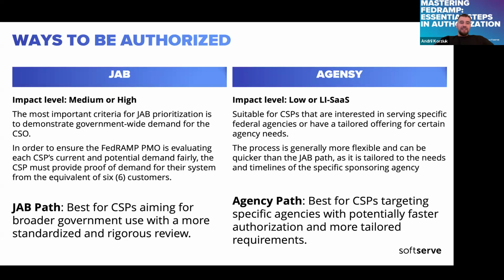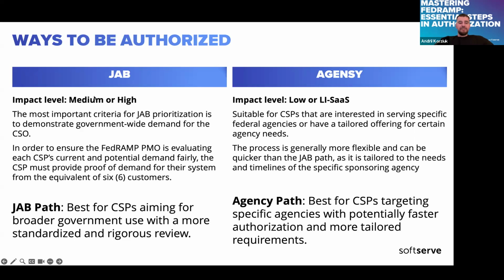So basically, FedRAMP has two legal paths to be authorized. The first one is using JAB, and the second one is using an agency. JAB is typically a more difficult and longer path, but it depends, as I mentioned earlier, on impact level.